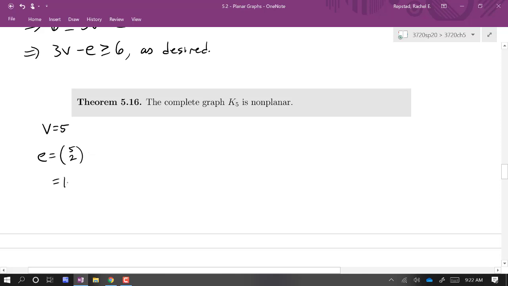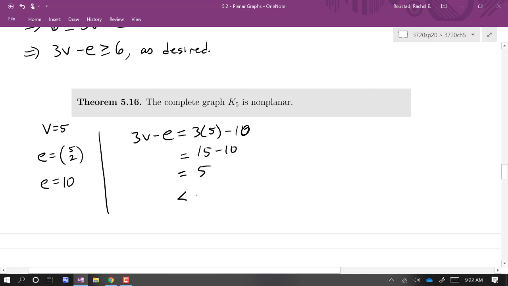That's equal to 10. So 3v minus e is 3 times 5 minus 10, which is 15 minus 10, or 5. And this is less than 6. And that means that K5 is non-planar.